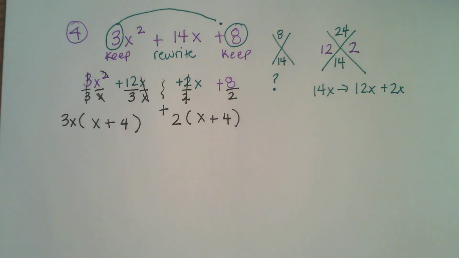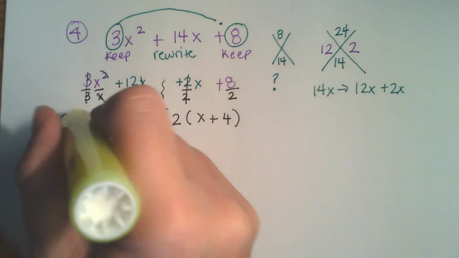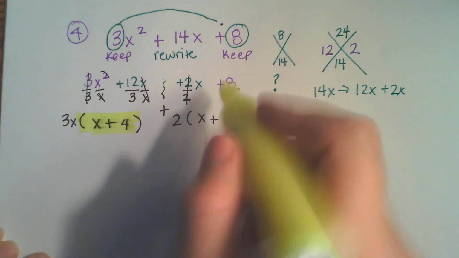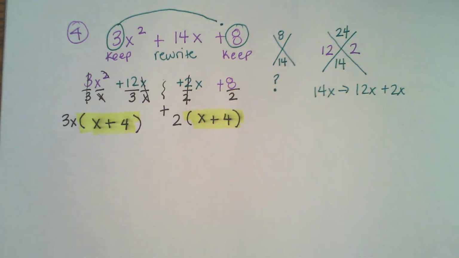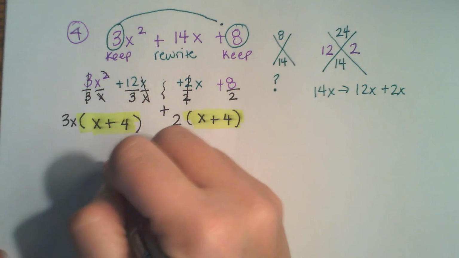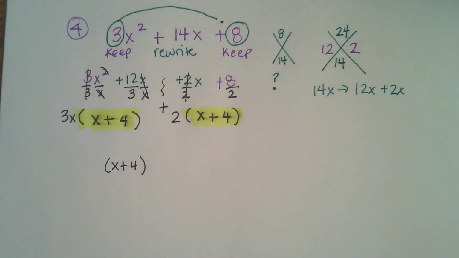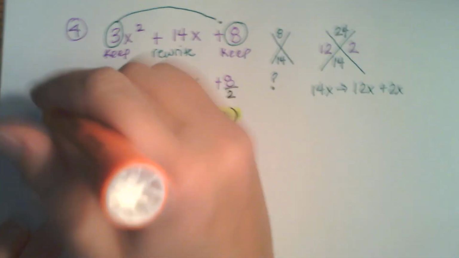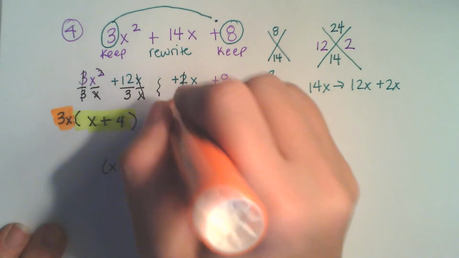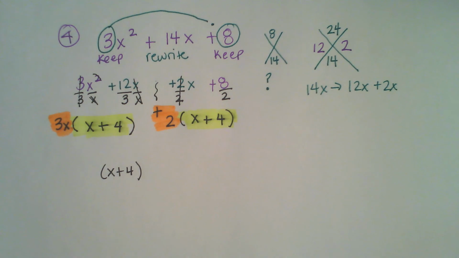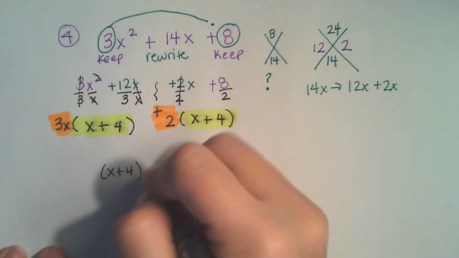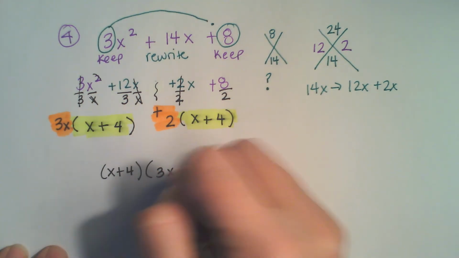And my mind is looking for these parentheses to match. It's on the lookout for that. So I write one of those, and then I write one of the common factors: 3x plus 2.